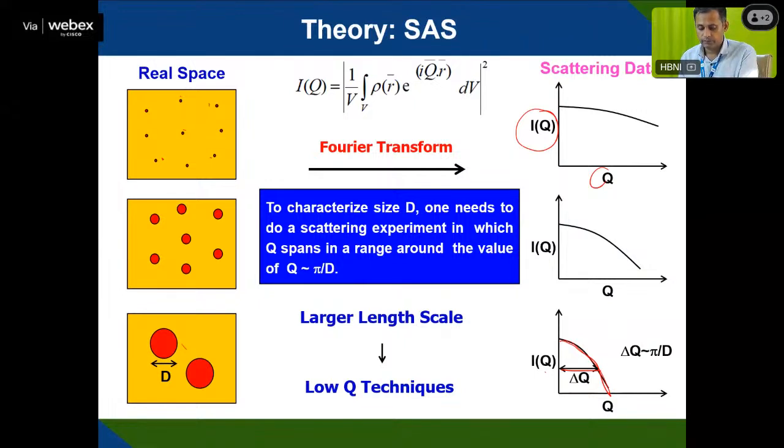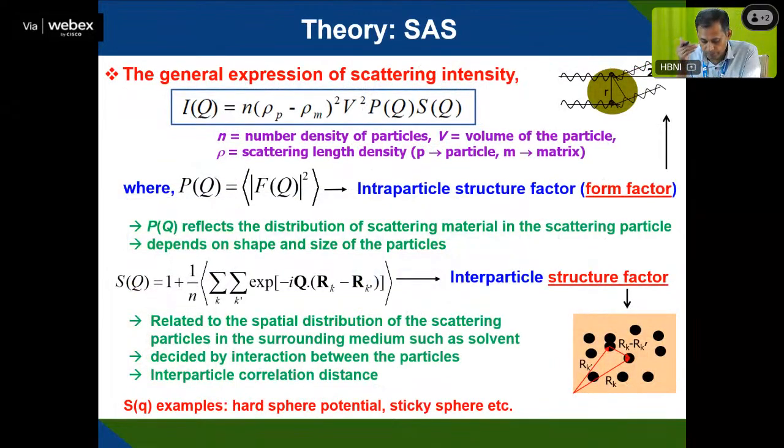So I(Q) versus Q, from this plot you can get the larger length scale in a low Q technique. You can see the larger length scale you are getting, so you are measuring with a low Q technique here. Once you have this real space image, you can transform it by Fourier transform to the scattering data, and then by measuring the scattering intensity, you will be able to see how your particle shape and size are varying.